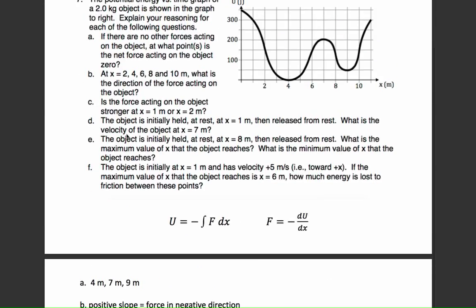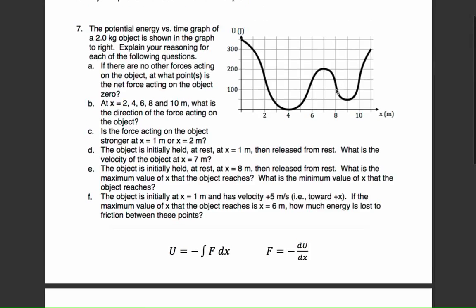Part E asks us, the object is initially held at rest at x equals 8 meters, then released from rest. What is the maximum value of x that the object reaches, and the minimum value as well? It starts at this position right here at x equals 8 meters, and it's going to move in the positive direction because that's the direction the force would push it.